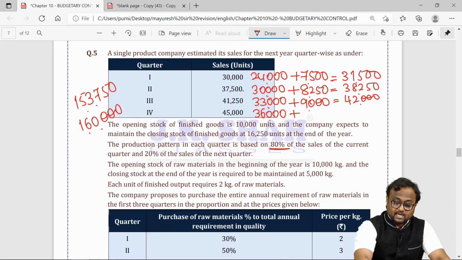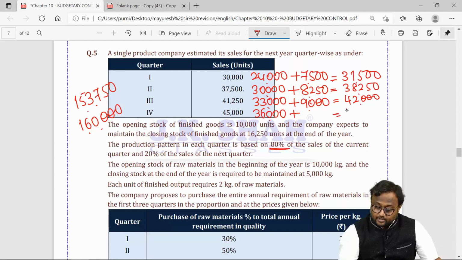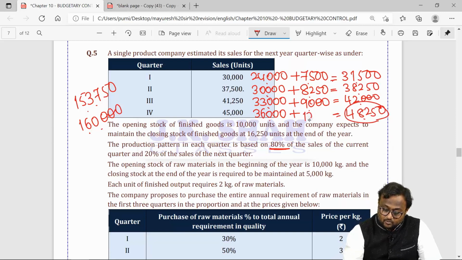Out of 1,60,000, that means 48,250 will be done in the fourth one, which is a balancing figure for you, which tells you the closing balance to be 12,250. That's fine.